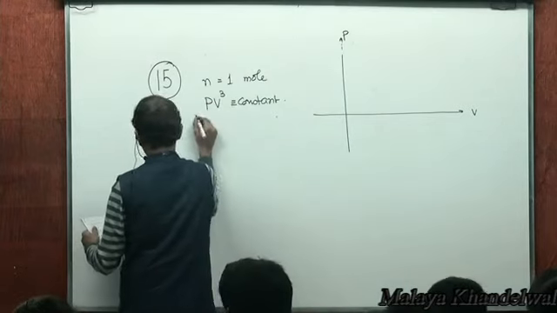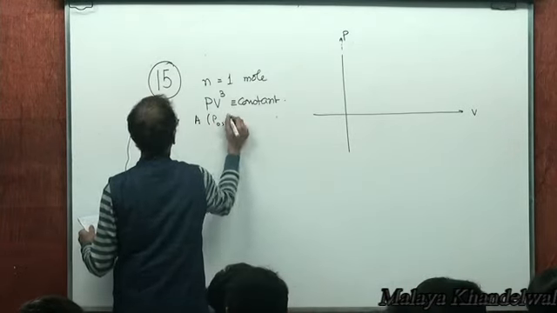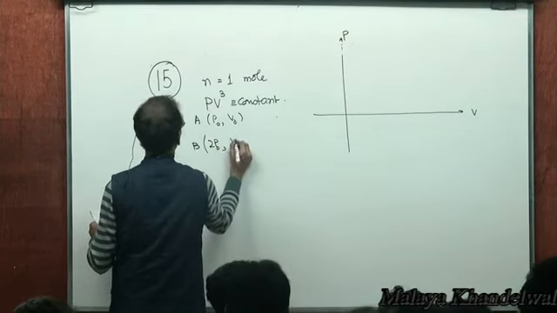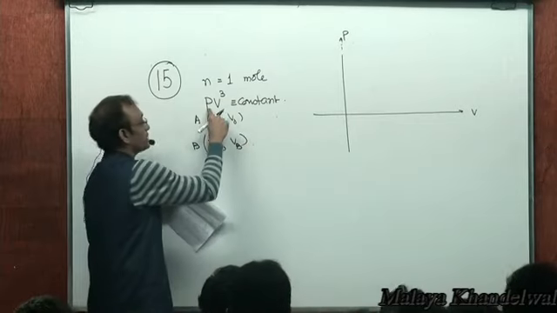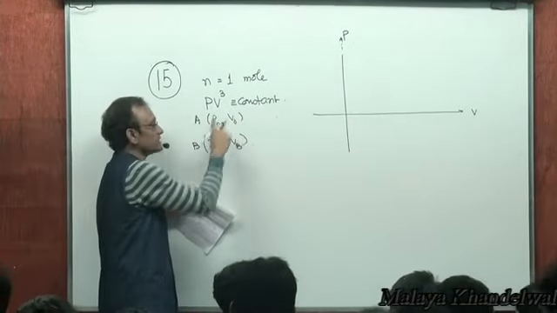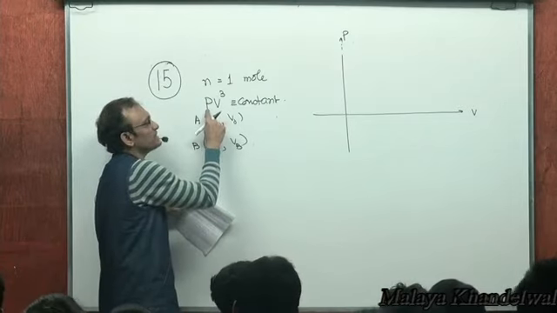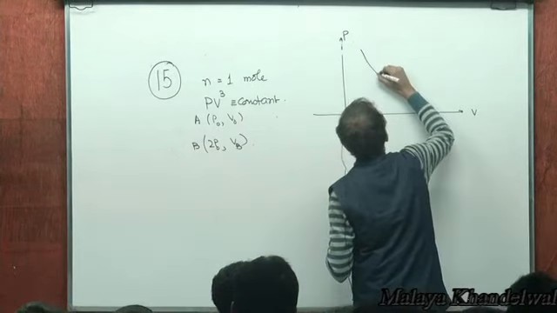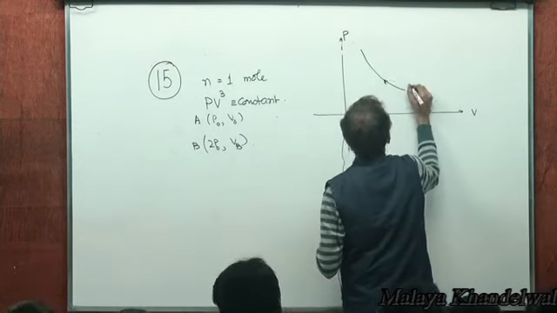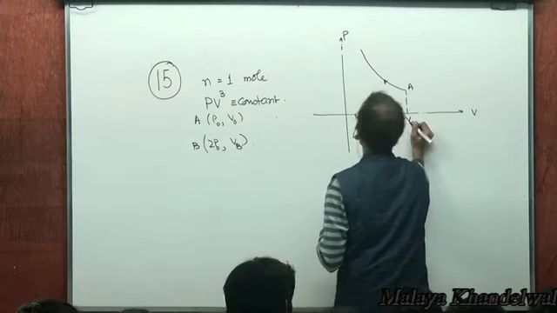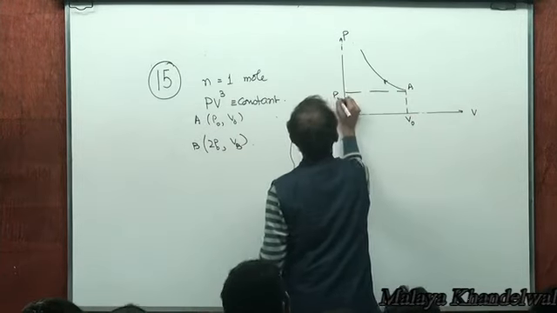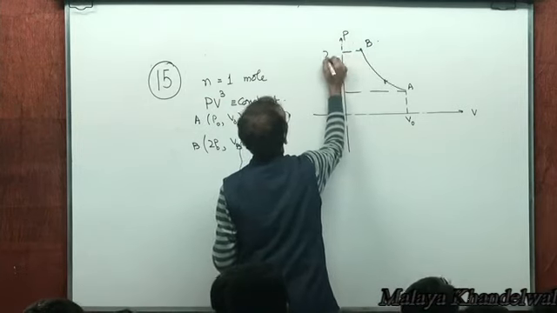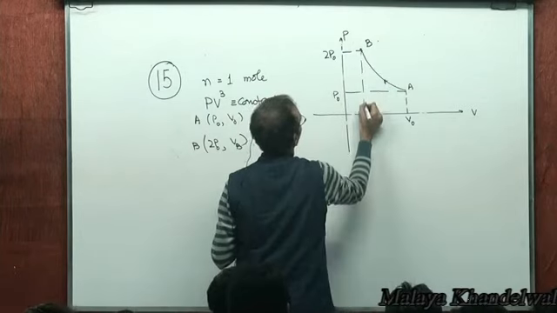If the pressure is increased, volume will decrease, isn't it? So the process must be something like this: state A, with volume V naught and pressure P naught, to state B, with pressure 2P naught and volume VB.